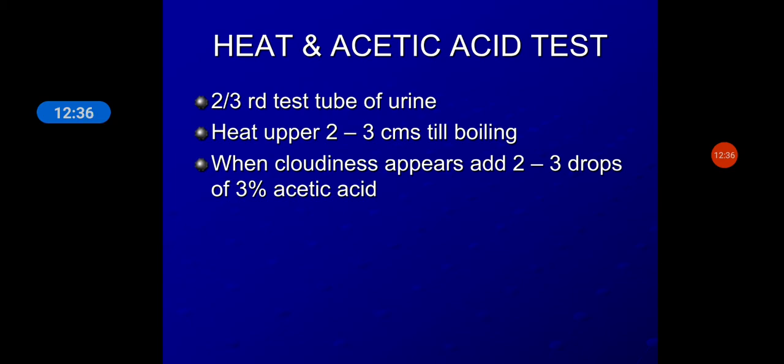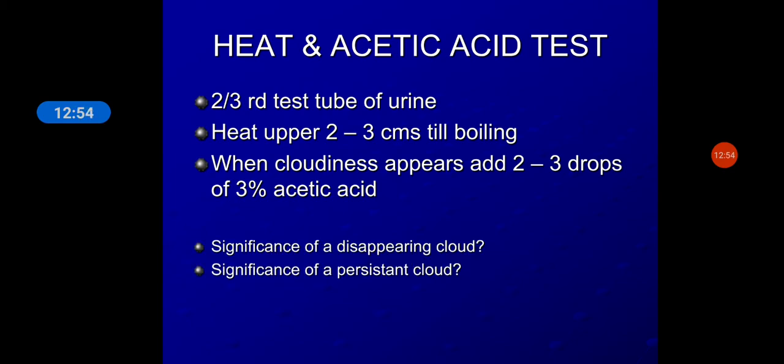If the cloudiness is because of proteins, it will deepen. If the cloudiness is because of phosphates or any other interfering substances in urine, it will disappear. So that is how you will differentiate. So, clear? Right, so that is what I told you.